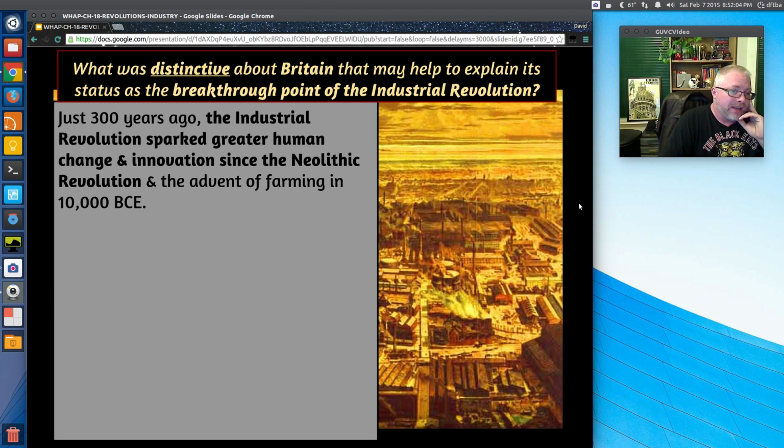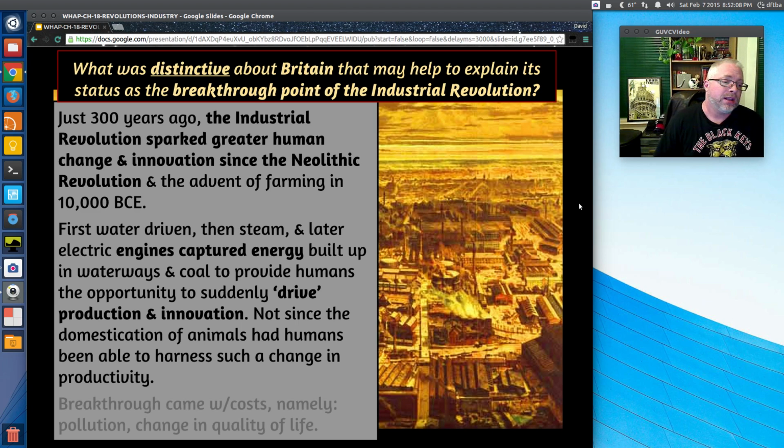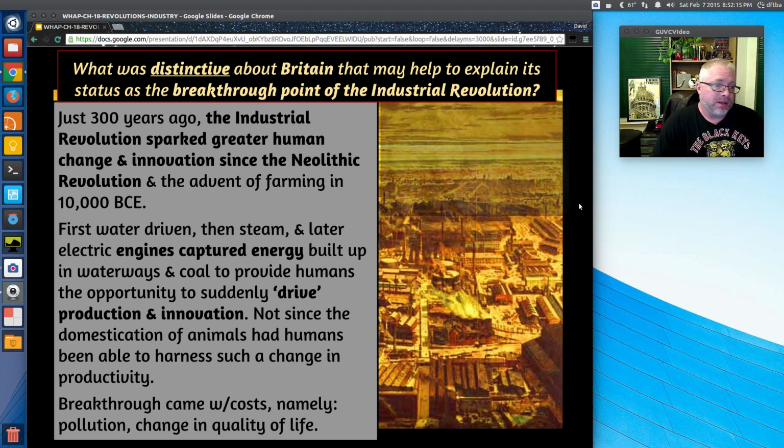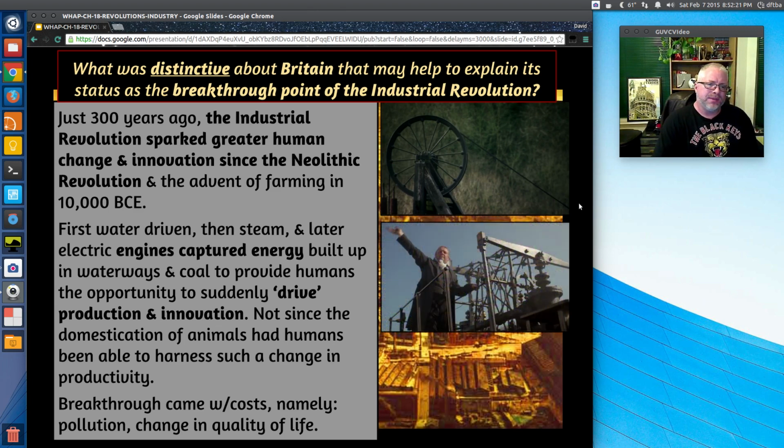This all sparks to life, and as I said earlier, probably the biggest change in world history that we've seen since the Neolithic Revolution, the advent of farming back in 10,000 BCE. So this is pretty remarkable that in some ways it took this long. I mean, did it take too long to get to industry?